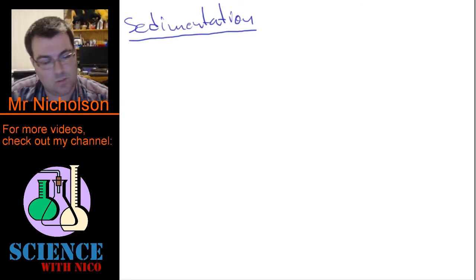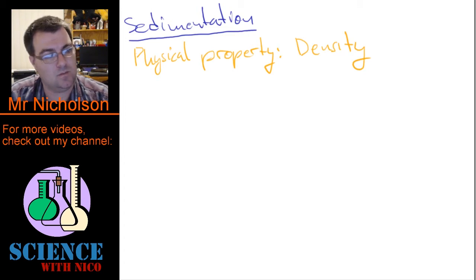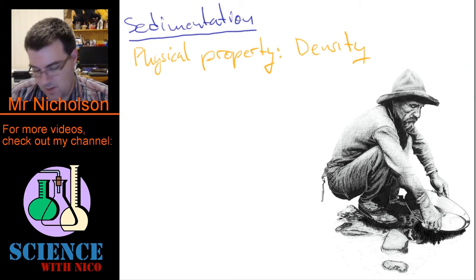Sedimentation is used when we want to separate out a mixture that contains particles of different density. This is a pretty old technique that is used in cases such as gold panning historically.